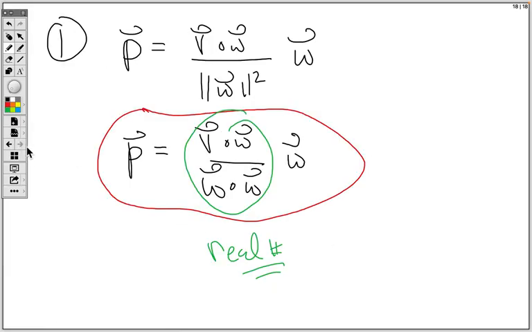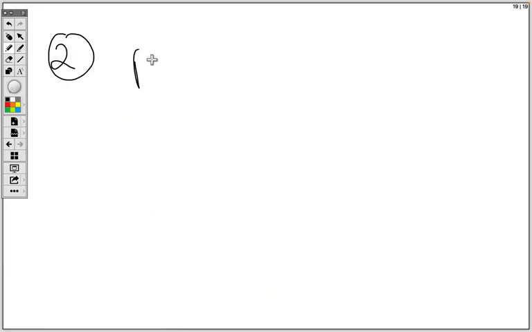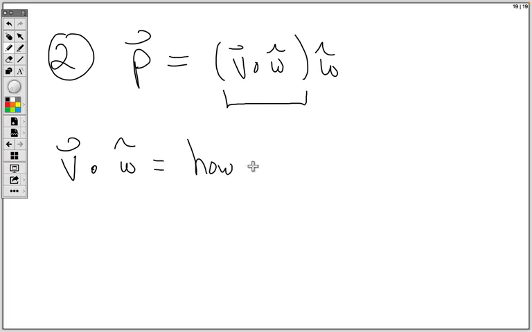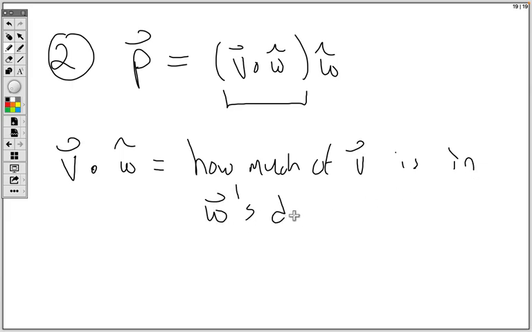And so the second formula we get, which theoretically tells us what's going on here, is P is V dot W hat times W hat. When you take V dot W hat, this is telling us how much of V is in W's direction. We find out how much of V is in W's direction and then multiply it by the direction of W, and that's where we get our projection.